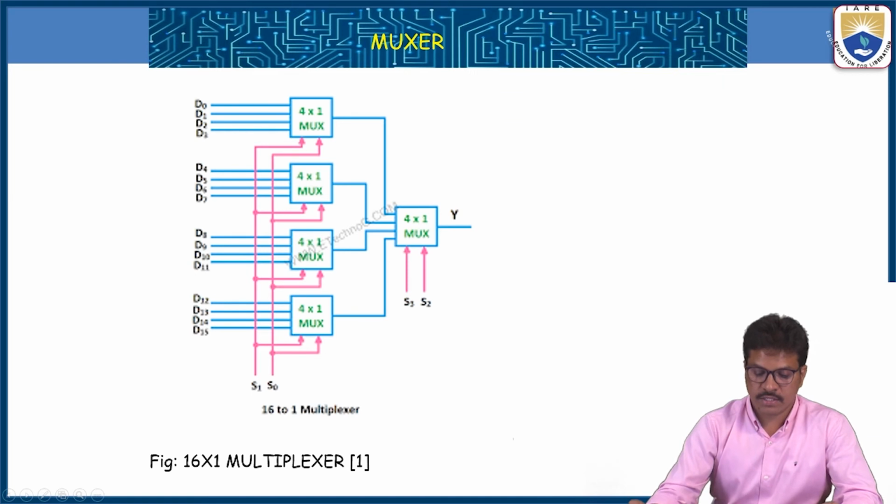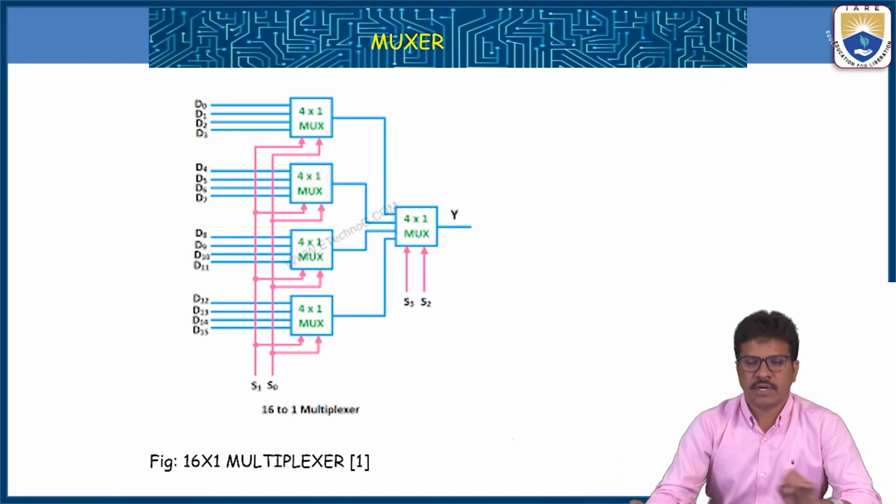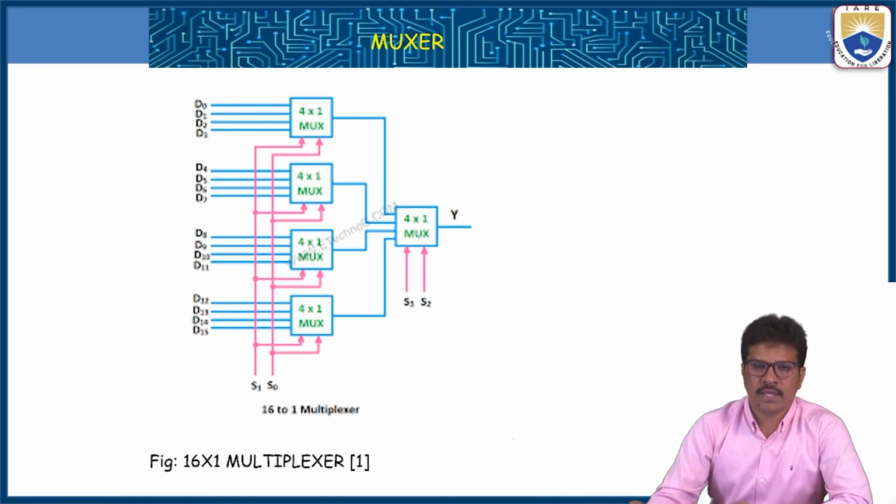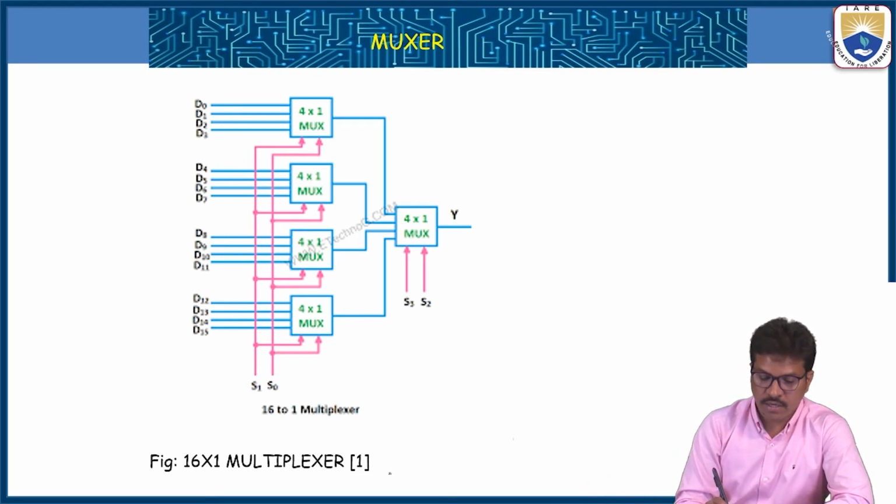The third way is to implement Boolean functions using a multiplexer. This is one diagram for a 16 by 1 multiplexer using 4 by 1 multiplexers.